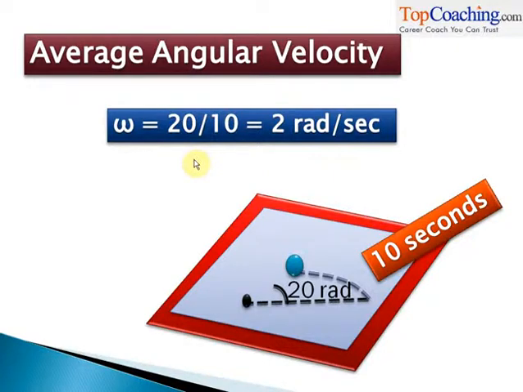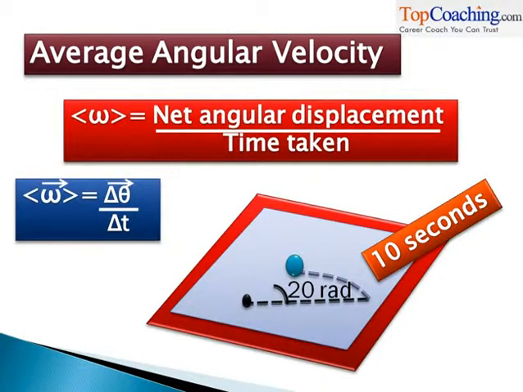Basically, it represents the rate of change of angular displacement. Just as velocity is the rate of change of displacement, average angular velocity is the average rate of change of angular displacement. It is equal to total displacement divided by total time. It is measured in radians per second. It is also a vector quantity.